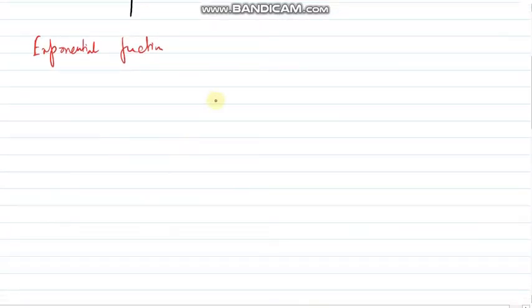Now this one, f(x) = a^x, that is the exponential function. This will be less than 1 when x is less than 0. Just check, it is a to the power -1, that is 1 divided by a. So this will be valid for a greater than 1.